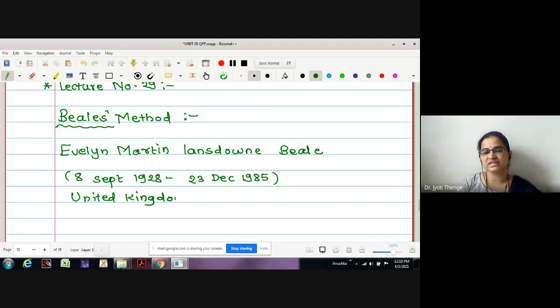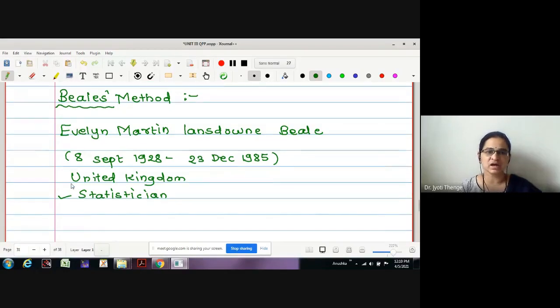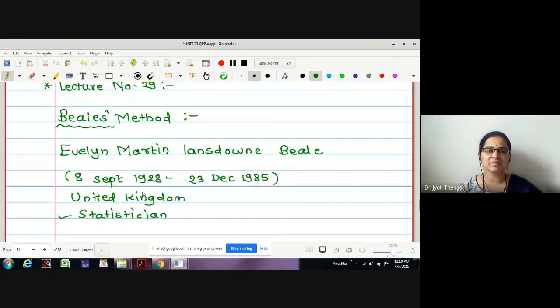Instead of calling him a mathematician, one can call him a statistician, because many of his results are useful in statistics. He gave an alternative method of solving the quadratic programming problem.